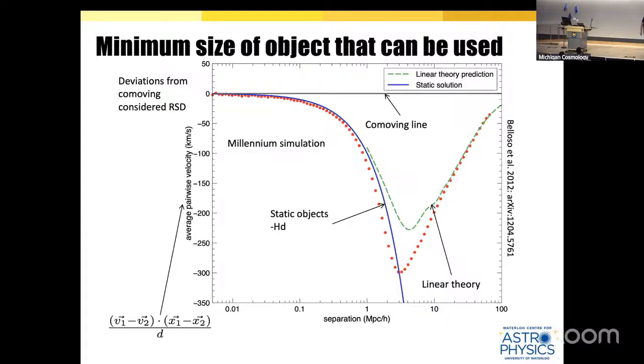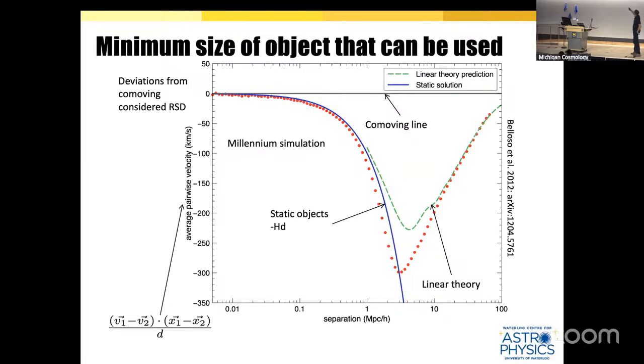The problem is that structures grow and they stop expanding with the expansion of the universe. So here's a plot. It's pretty simple and quick to make. You take a cosmological simulation and you look at pairs of objects. You bin in pair separation and you look at the pairwise velocity, the velocity inwards of every pair of objects in a simulation.